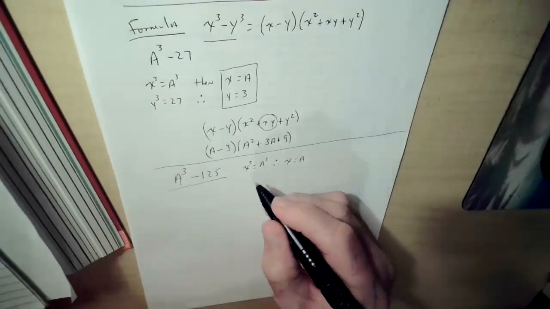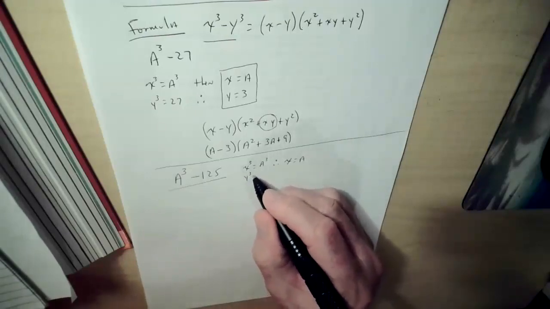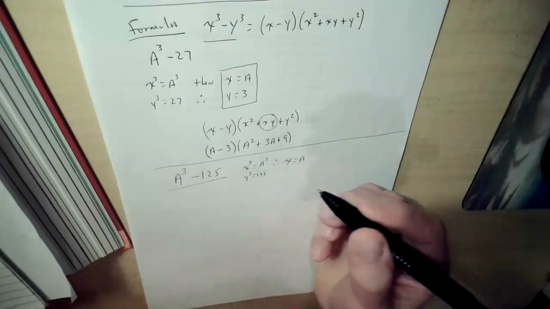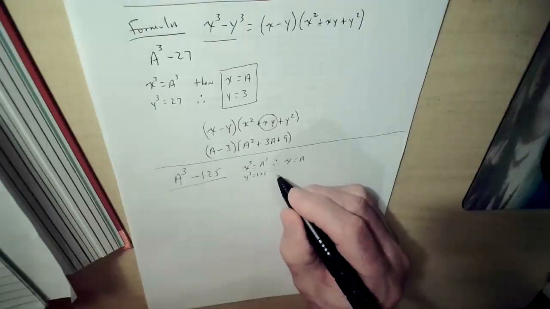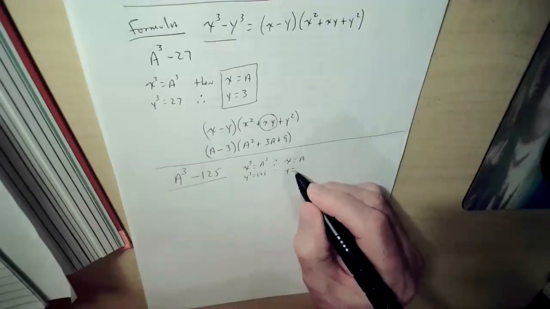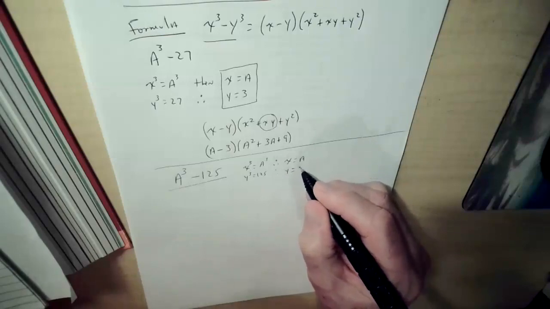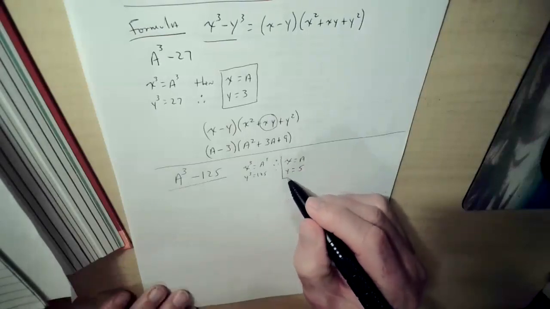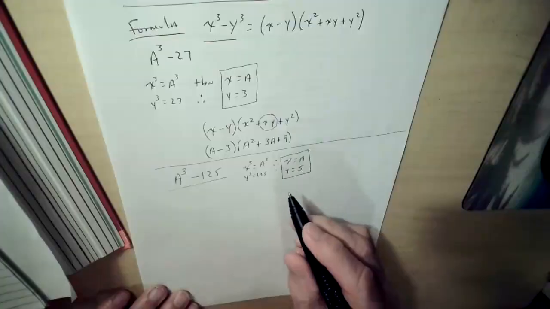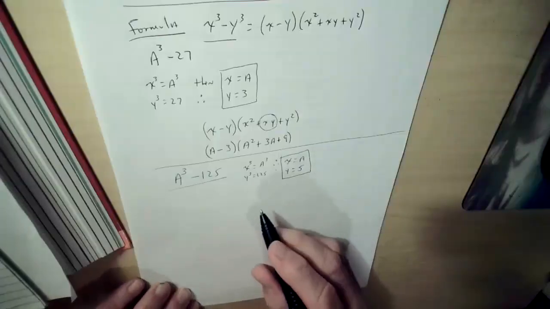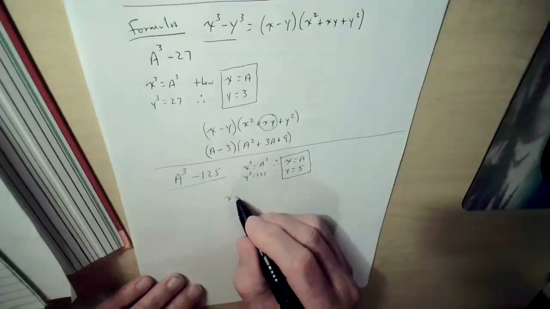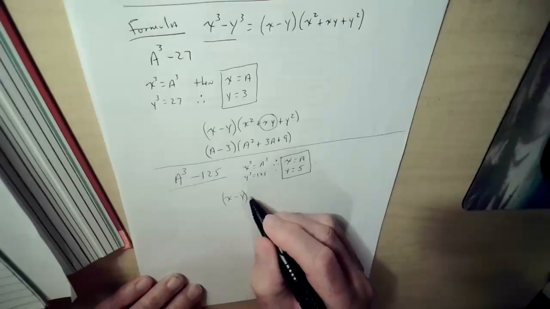Therefore, x is a, the cube root of each one of these. And then y cubed is 125. Therefore, y is 5.